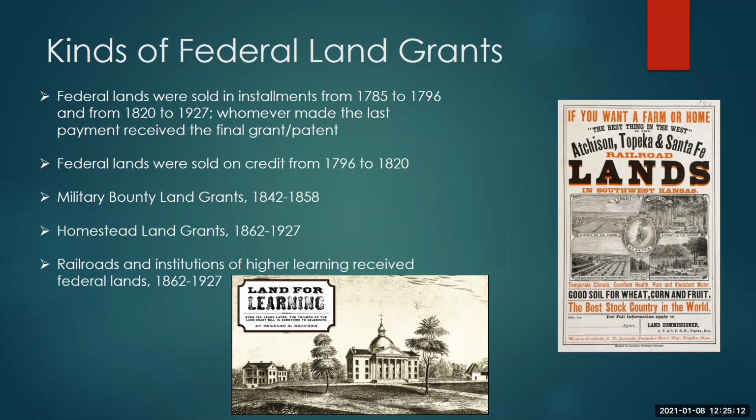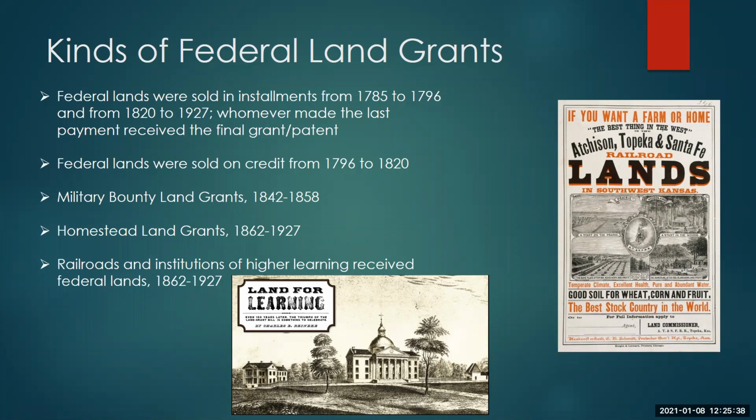Also, after the Civil War, institutions of higher learning received federal lands as a gift from the federal government to help pay for colleges and universities. This, by the way, is where the great rivalry between the University of Alabama and Auburn University began. Because the Yankees had burned down the University of Alabama, it did not want federal lands.